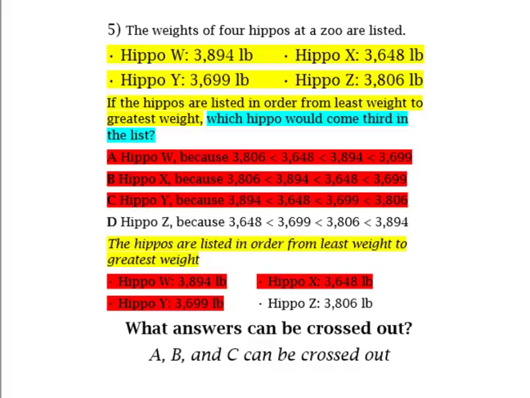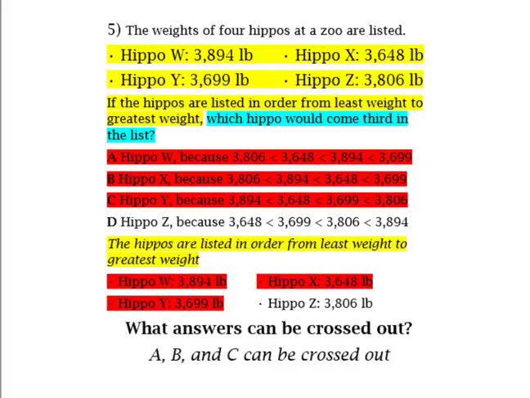The smallest or least weight and the largest, or greatest weight, cannot be the answers because they couldn't be third in the list. 3,894 is the greatest value out of all of these weights, so the answer cannot be Hippo W. What's the smallest or the least weight? 3,648. So Hippo X, which is answer B, cannot be the correct answer as well.